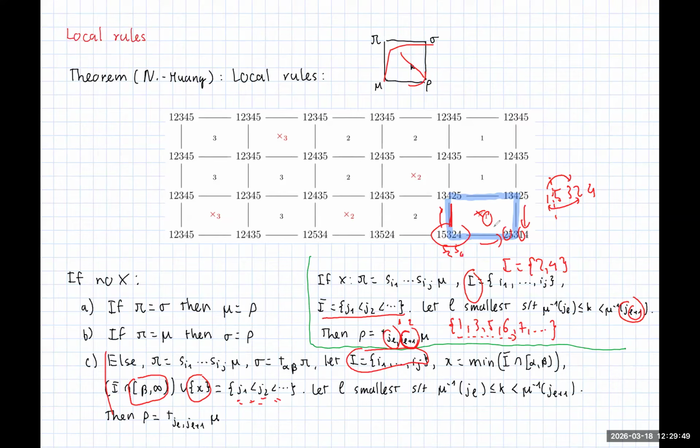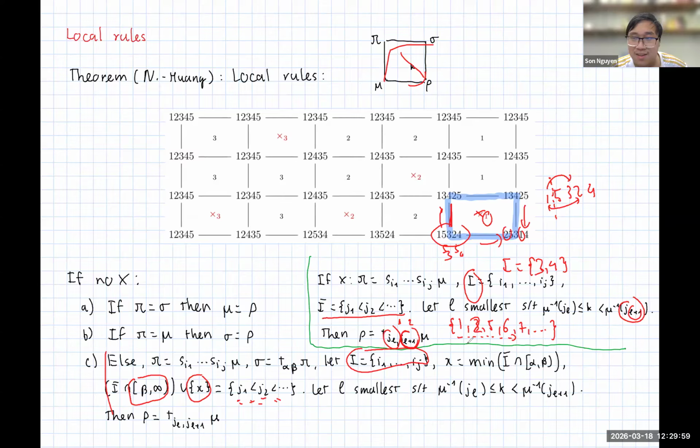Okay, so you don't need a multi-set or anything. Also, I just realized my mistake. This thing is not s_2, s_4. This is s_3, s_4. So my I is 3, 4. So my set is 1, 2, 5. And when I go from 1 to 2, I did cross the boundary. Thank you for pointing that out. Nice. Okay. Any other question?